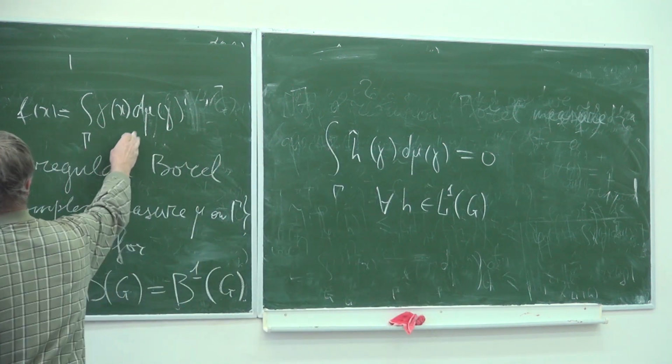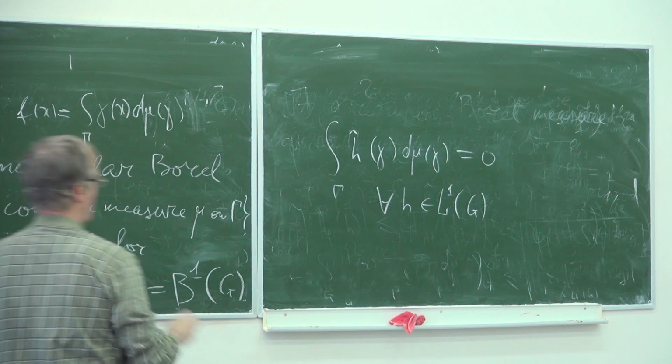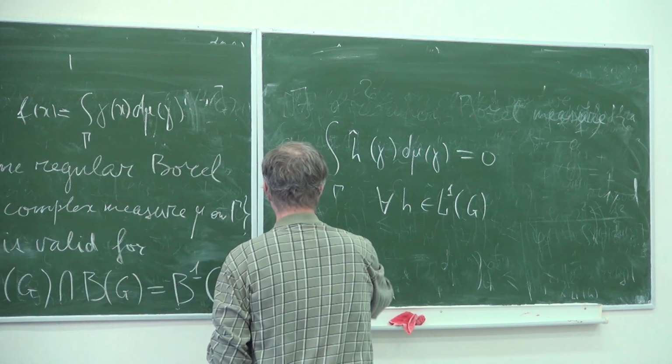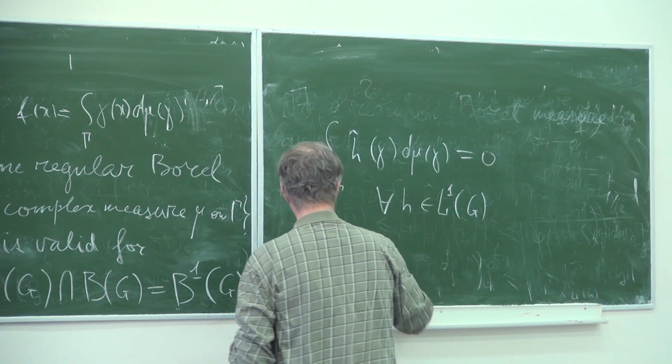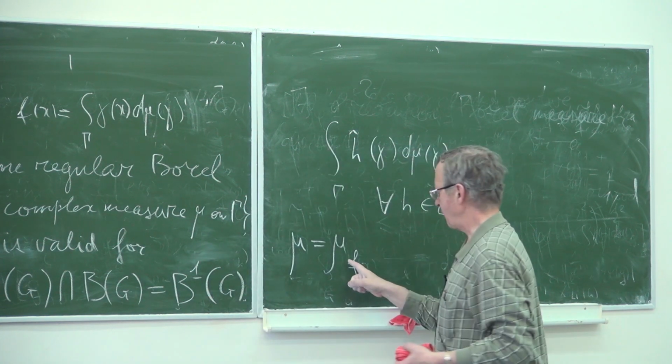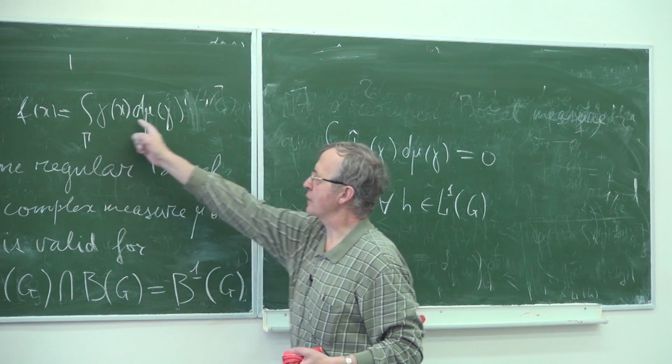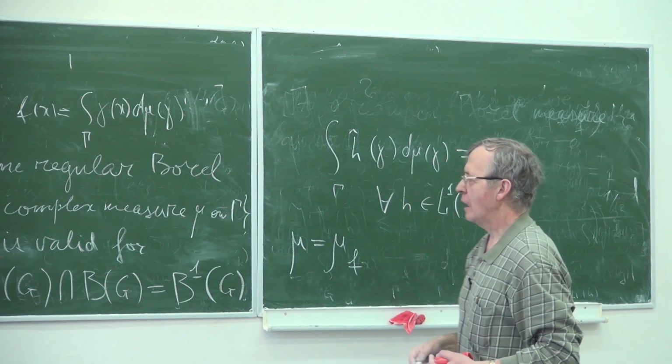So this measure mu, which represents f, is unique, and we simply write mu f instead of mu.